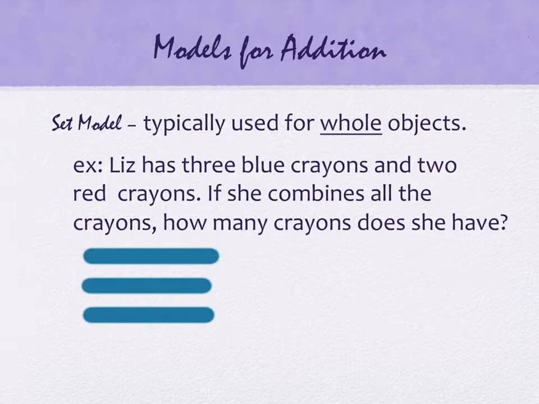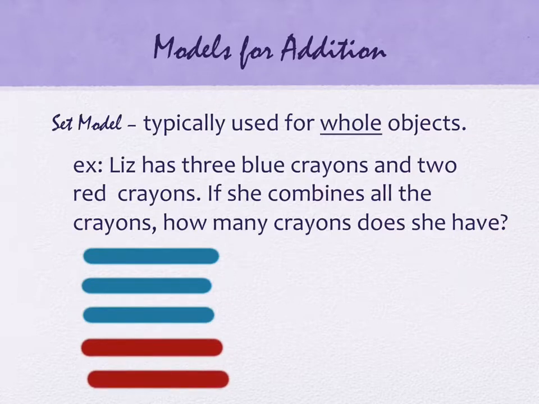And then I have 2 red crayons. And so my total, if I count, is 5 crayons. So this is a set model.